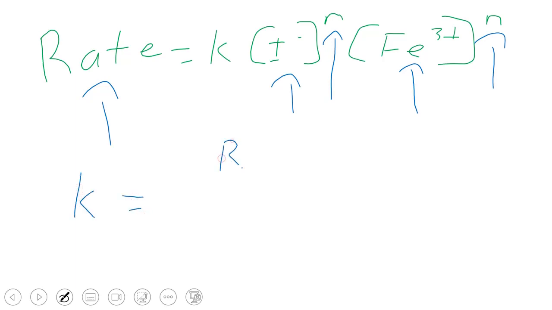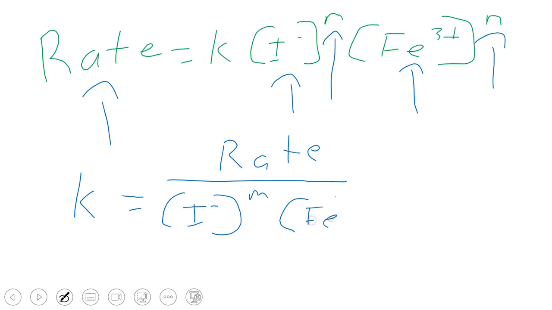So k is equal to the rate divided by the quantity I- to the m times Fe3+ to the n, and that's going to give you your value for k for each trial. Then you're going to calculate the average k: add up your k values and divide by 5.